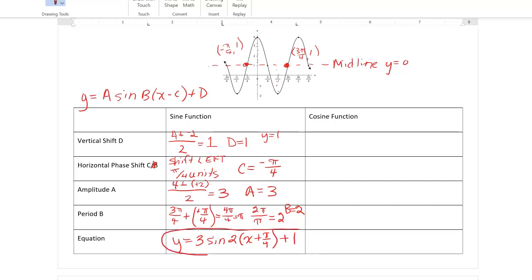So that's the equation of our sine function.